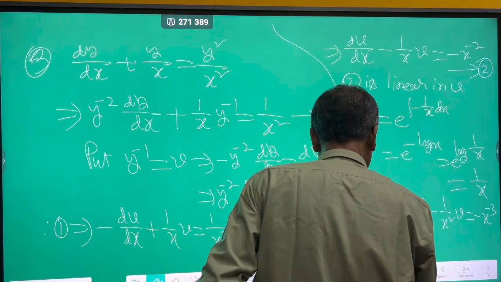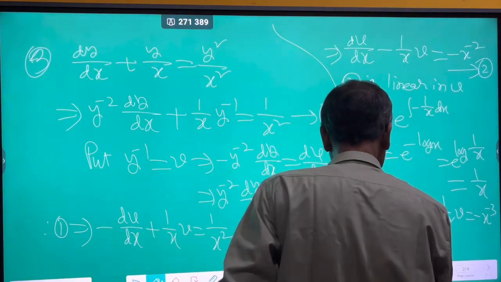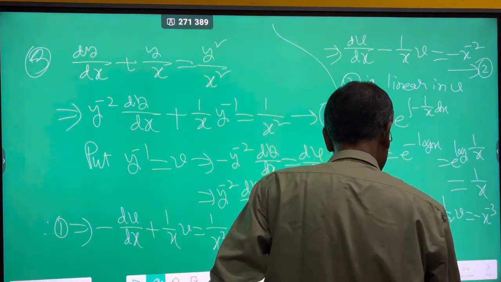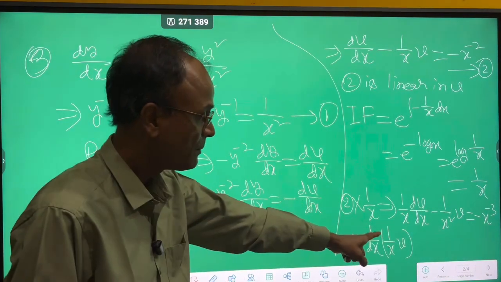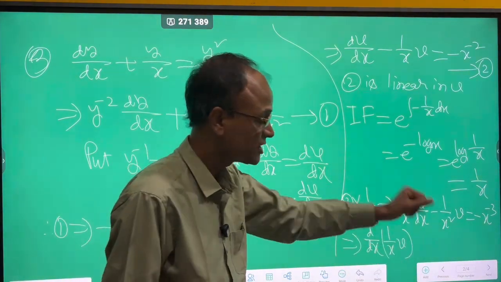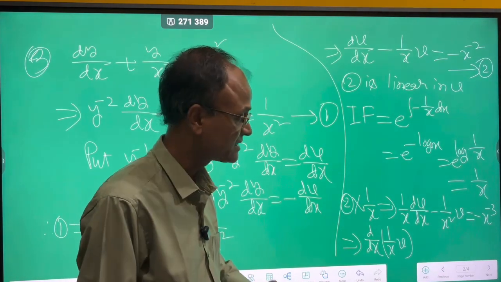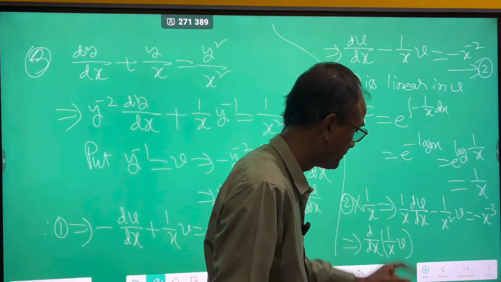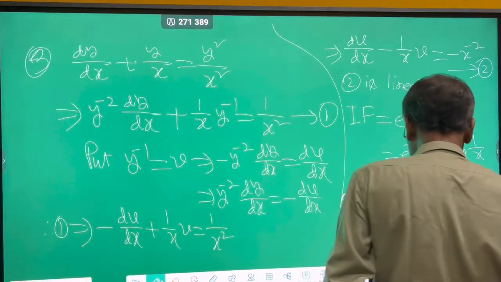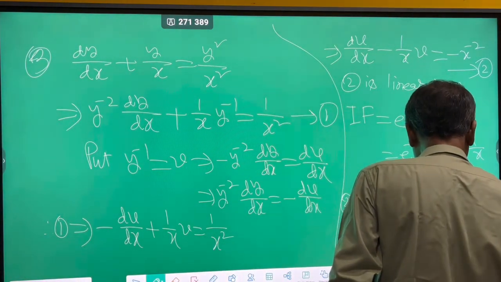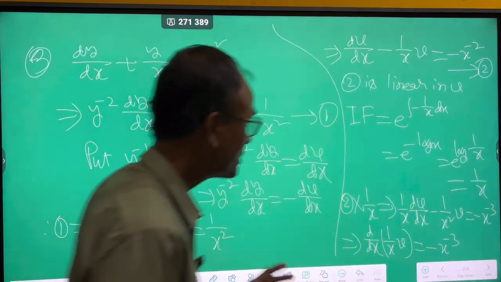Now d by dx of 1 by x into v: first function 1 by x, differentiation of the second function dv by dx, plus second function v, into the differentiation of 1 by x, which is minus 1 by x square, equal to minus x to the power minus 3.